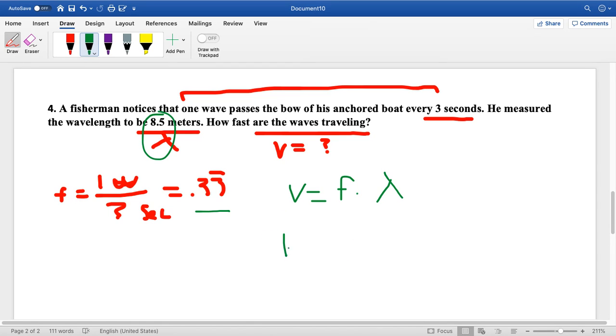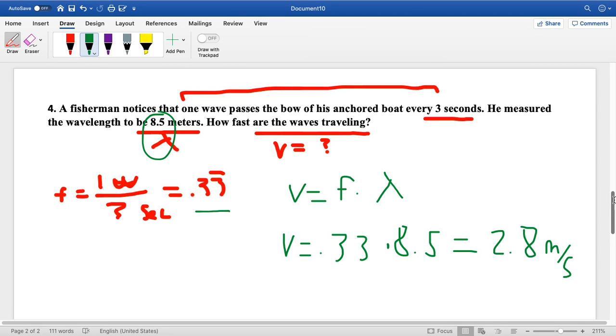So speed equals 0.33 multiplied by my wavelength, which is 8.5. 0.33 times 8.5 gives us a speed of 2.8, rounded to the first decimal. That's what I want you guys to do for the work. 2.8 meters per second.